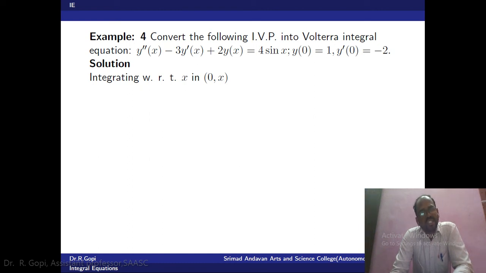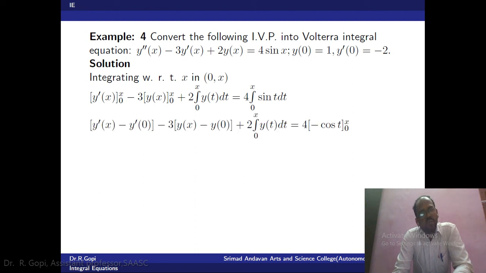So the integral of y'(x) from 0 to x, minus 3 times the integral of y(x) from 0 to x, plus 2 times the integral from 0 to x of y(t) dt, equals 4, which is a constant, times the integral from 0 to x of sin t dt. Then, substituting limits, y'(x) - y'(0) - 3 times upper limit y(x) minus lower limit y(0), plus 2 times the integral from 0 to x of y(t) dt equals, integrating sin t, which is minus cos t, from 0 to x.